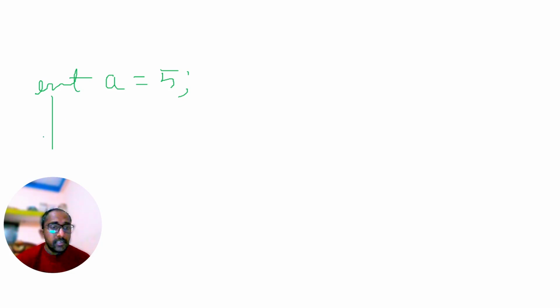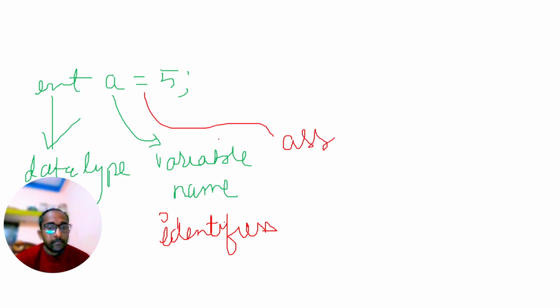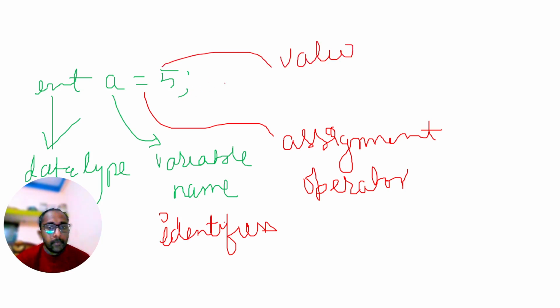As per the tokens, int is the data type, a is the variable name, the identifier. This is the assignment operator, then the value, and this is the semicolon.